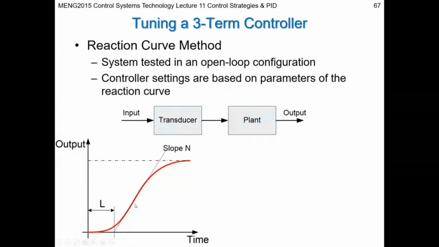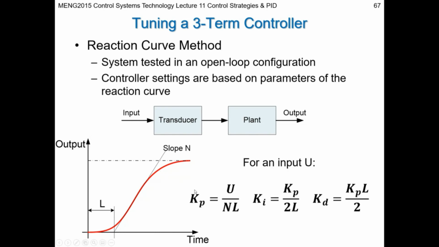So if we first sketch or draw, find this slope, and then where the slope intersects with 0 on the y-axis, you measure the lag time between the 0 time and where that slope intersects with 0 on the output, right? Where it intersects on the time axis.